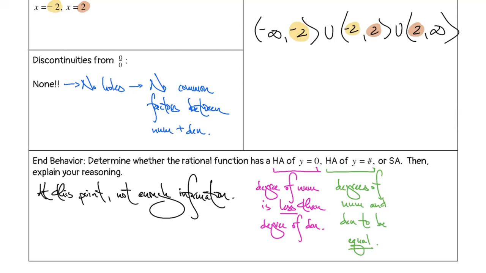Okay. And then that last case is when the top overpowers the bottom, or the numerator degree is higher than the denominator degree.